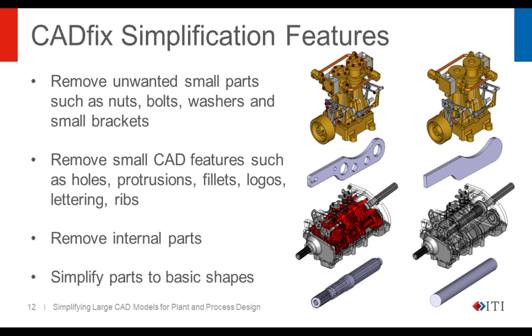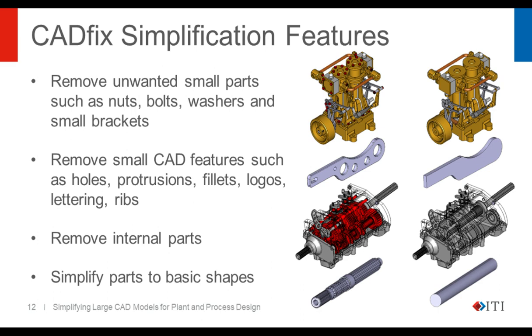We also have tools to remove CAD features such as holes, protrusions, blends, text or logos that appear on the CAD model. Again, genuine features that are in the mechanical CAD part for manufacture, but are just not needed in the plant design system and carry a massive overhead in terms of file size and handling.